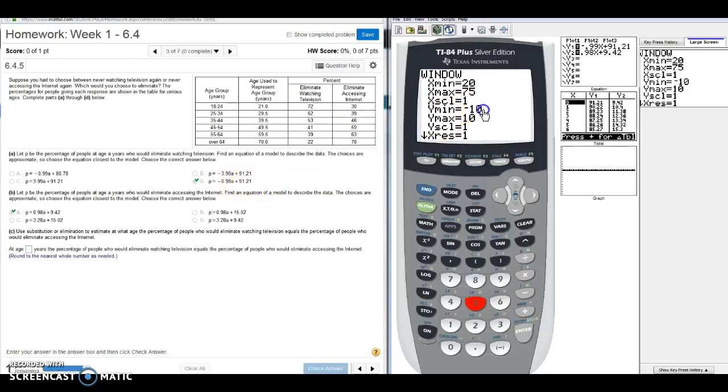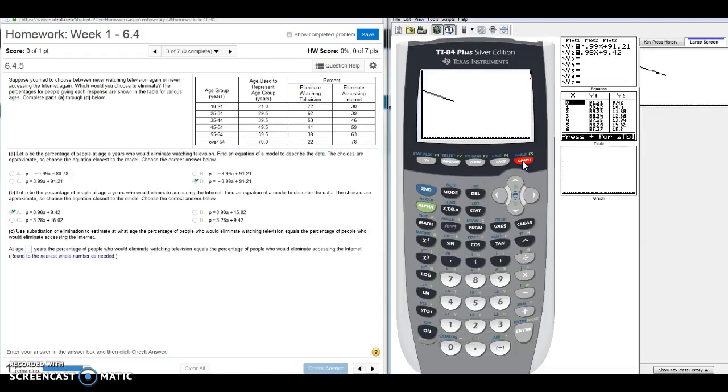So let's go from, for my y values, 0 all the way to 100 and see if that works. I want to be able to pick up that 91.21 right from right here. All right, so let's graph that.